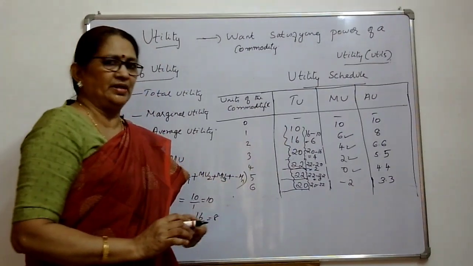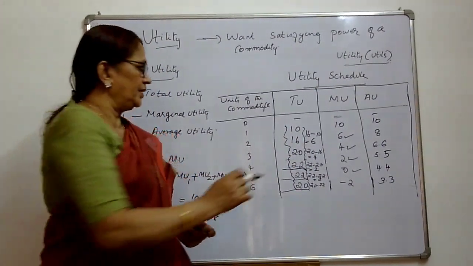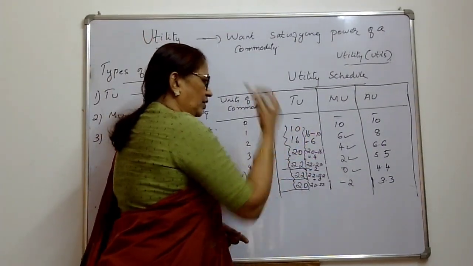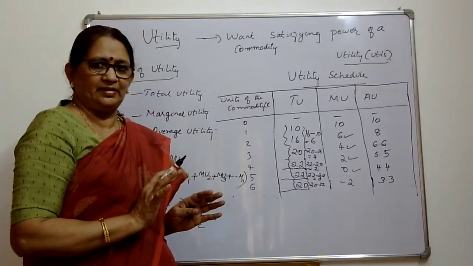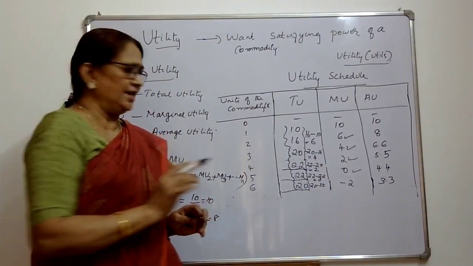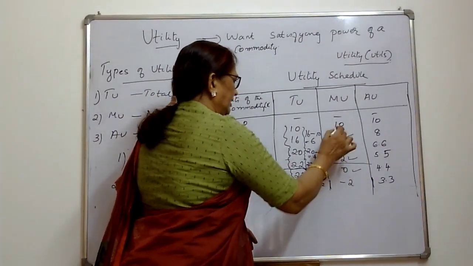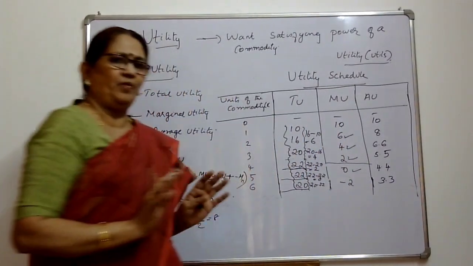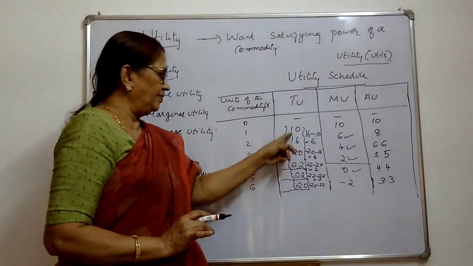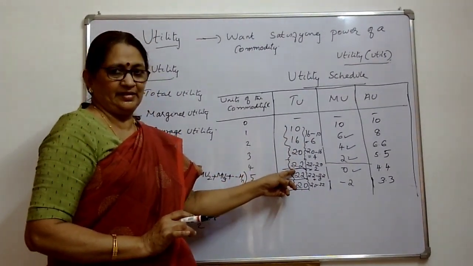What is the nature of marginal utility at that time? Marginal utility always declines. Every successive unit it declines, but it remains positive till the 4th unit: 10, 6, 4, 2. It remains positive. At that time, total utility rises.